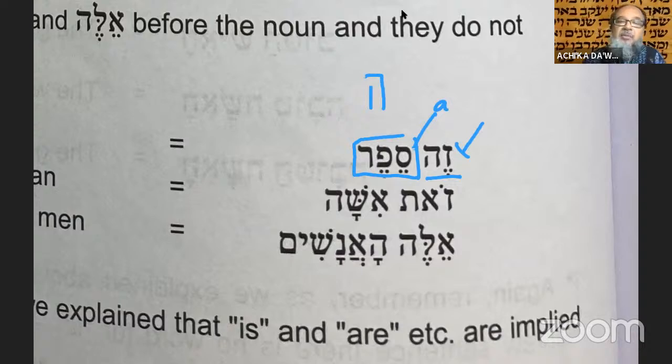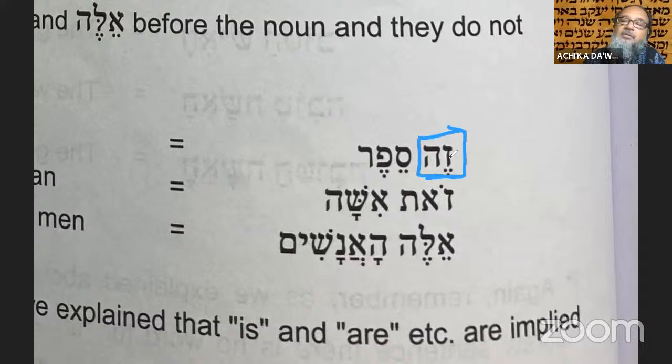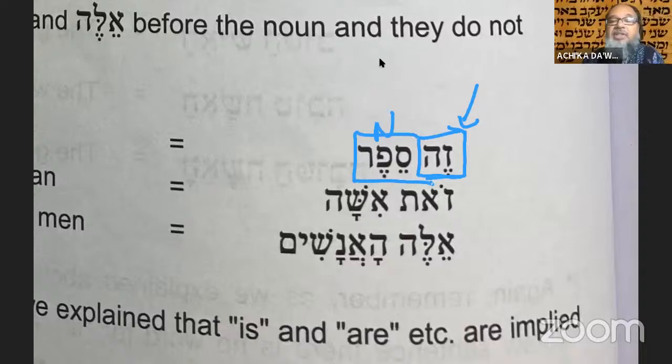Is this masculine or feminine? Masculine. And so this has to match the noun. This is the noun. So is this noun masculine or feminine? It's masculine. Oftentimes you'd ask yourself, how do I know a noun is masculine or feminine?